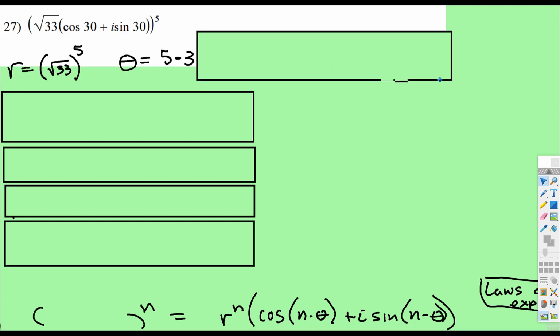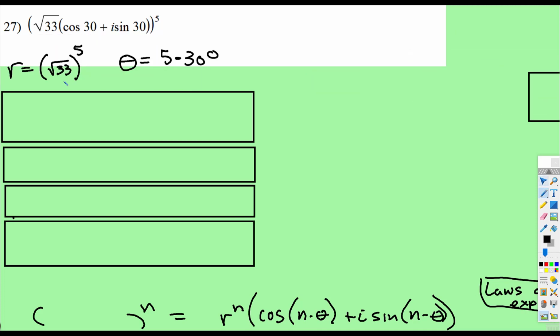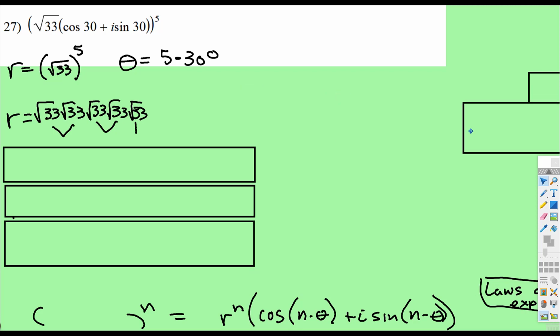So this is what that would look like. It's root 33 to the 5th, and then 5 times the theta, and the theta is 30. Well, root 33 to the 5th is root 33 times root 33 times root 33. You get the idea. Five times it multiplies itself.